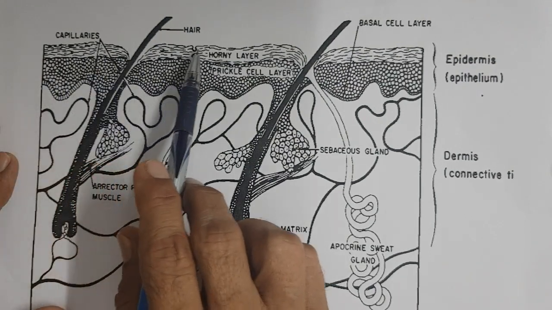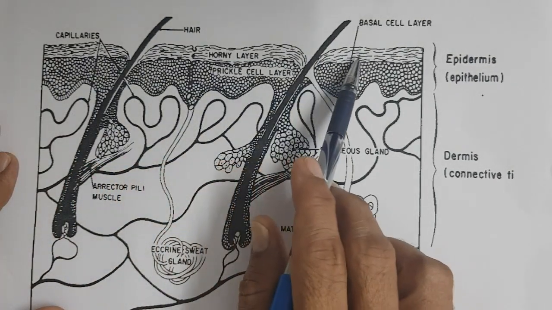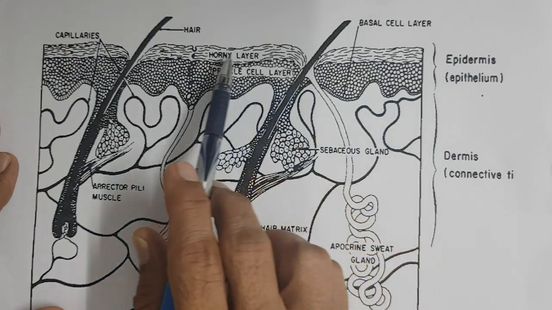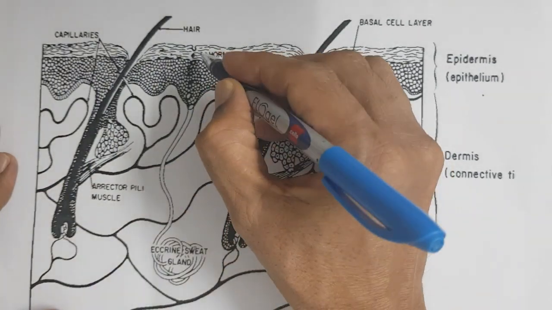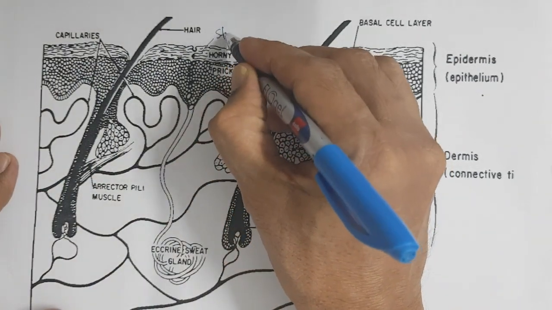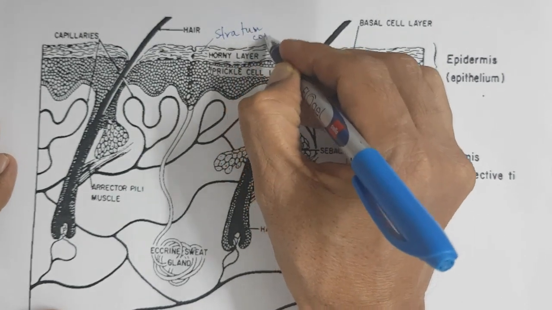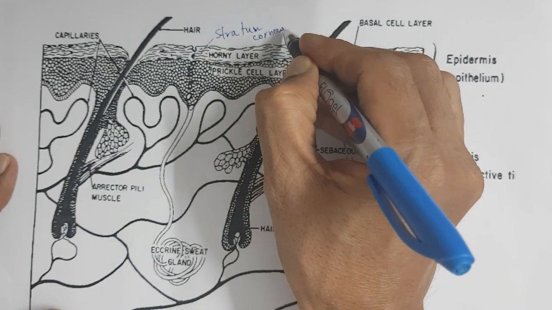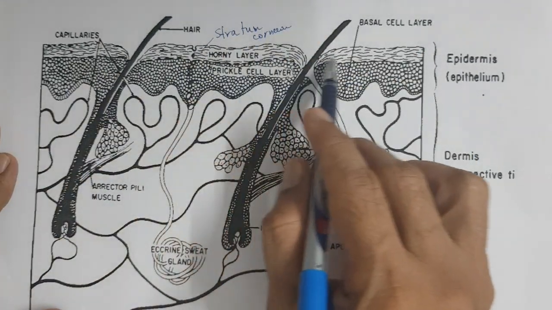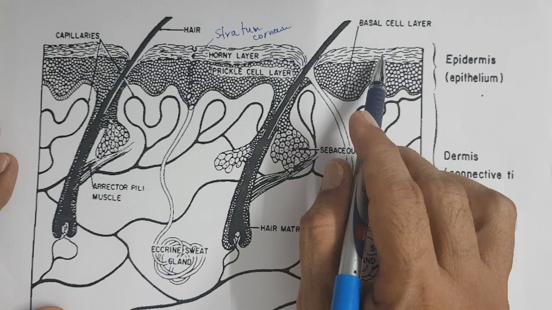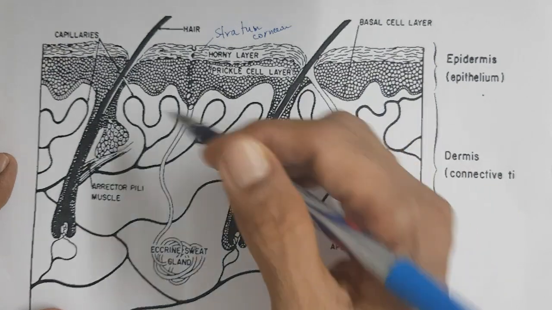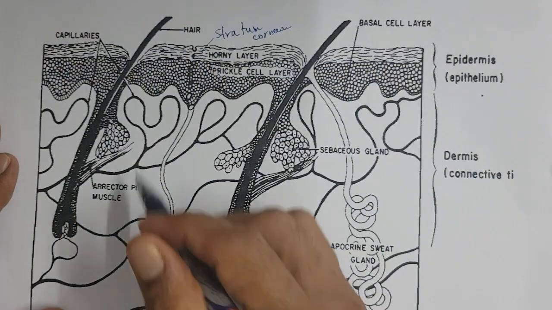The outermost layer of the skin is called the horny layer, or the stratum corneum. We said this is the layer which is very important to take care of the inner parts of the skin.